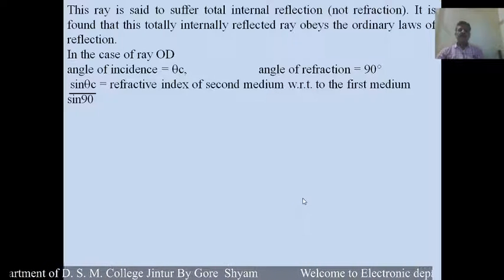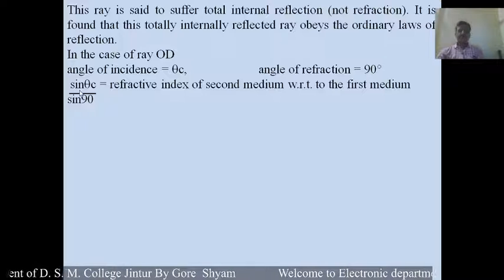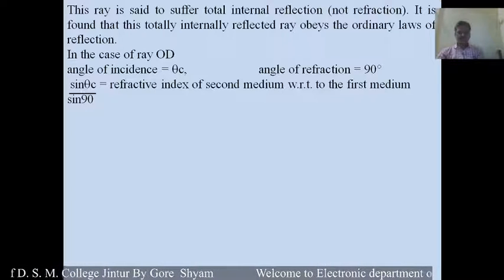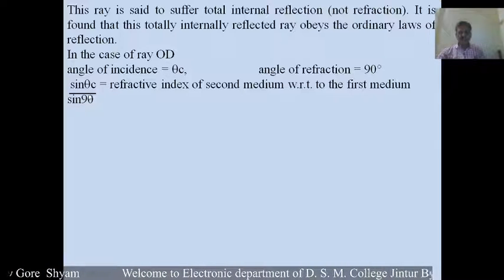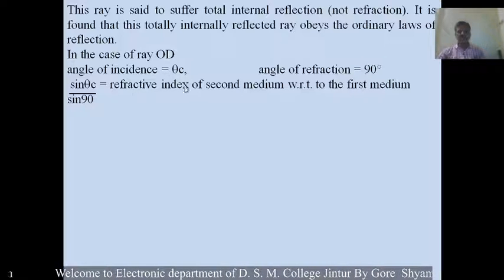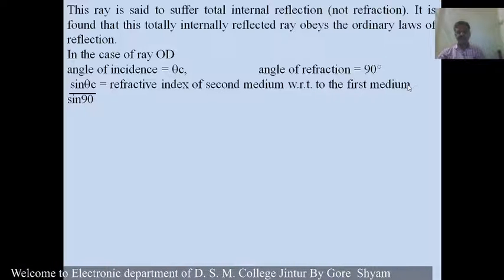Therefore we can write this ratio according to Snell's law. Sine theta c, the angle of incidence, divided by sine 90, the angle of refraction, is equal to the ratio of the refractive index of the second medium with respect to the first medium.